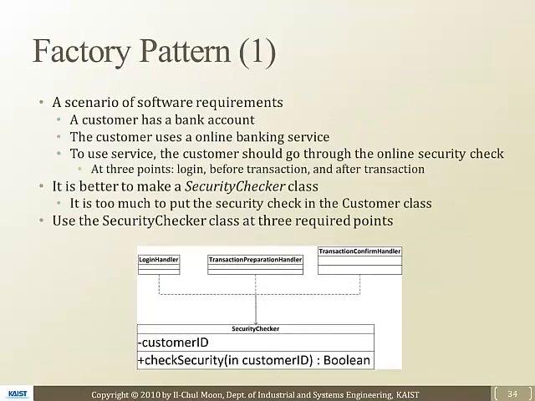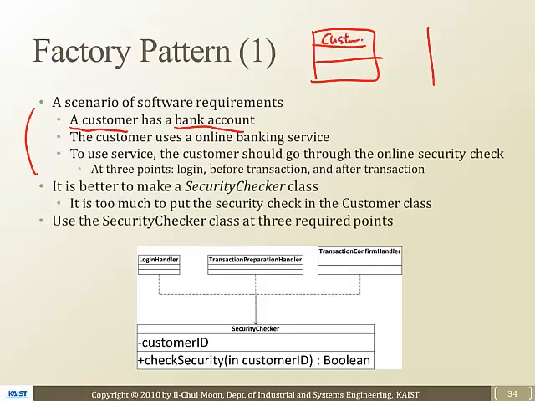Okay, for instance, let's say there is a scenario of a software requirement. There is a customer and a bank account. At this moment, you should be able to draw like this. A customer has a bank account, and the customer should be able to access the bank account.